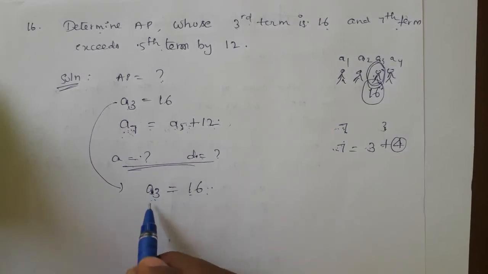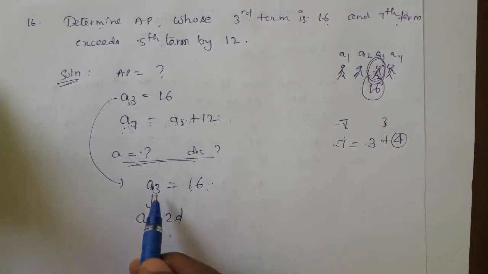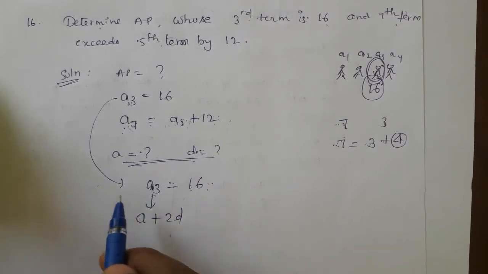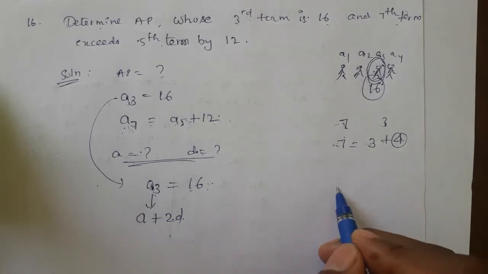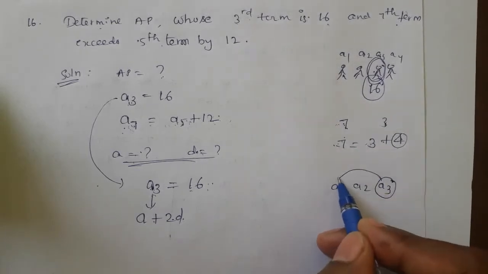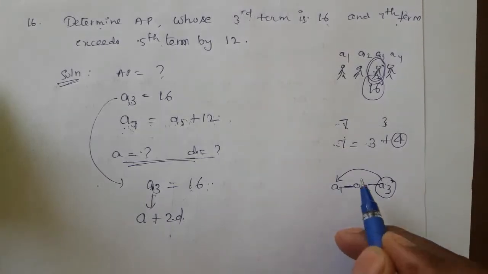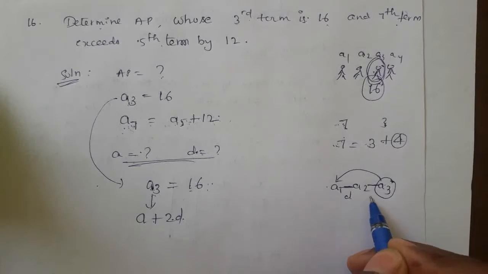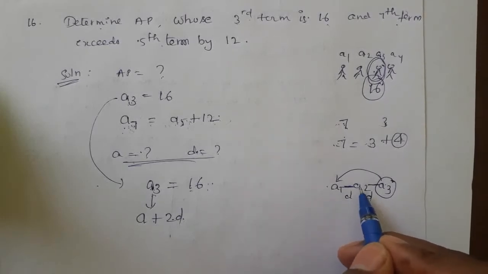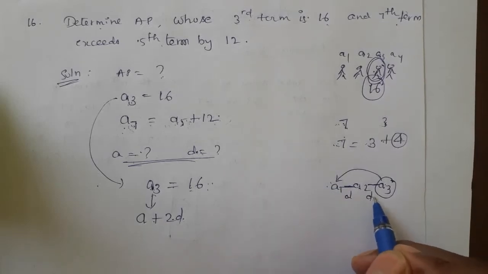If A3 is equal to 16, we know how to expand A3. A3 means A plus 2D. A3 is always two differences after the first term. Look here: A1, A2, A3. From A1, how many differences until A3? 1 difference, 2 differences. Between A3 and A1 there are 2 differences.